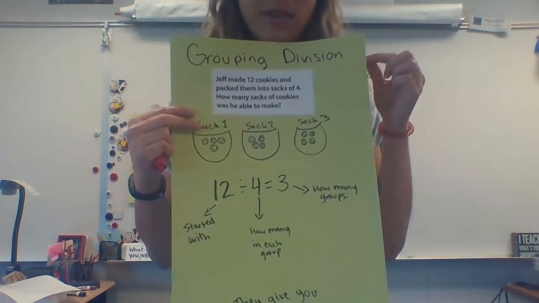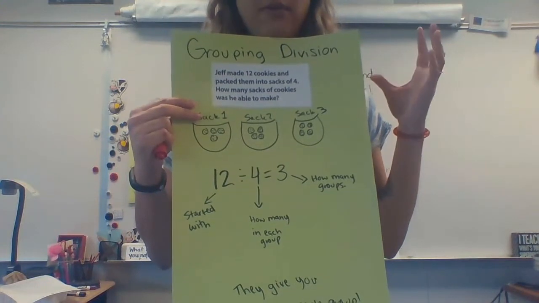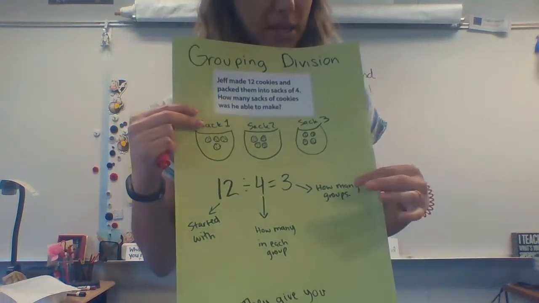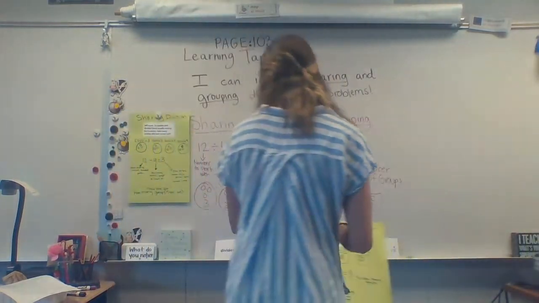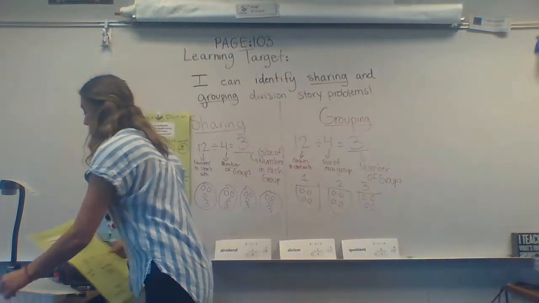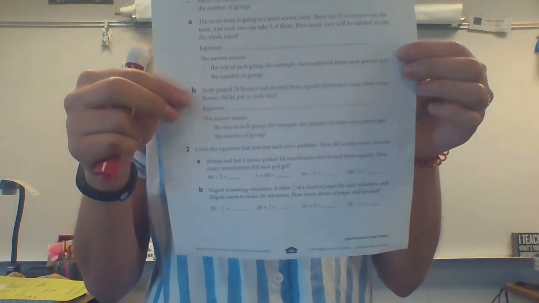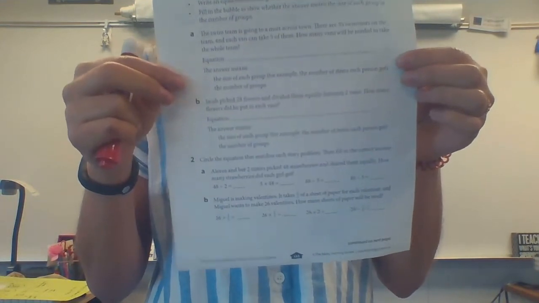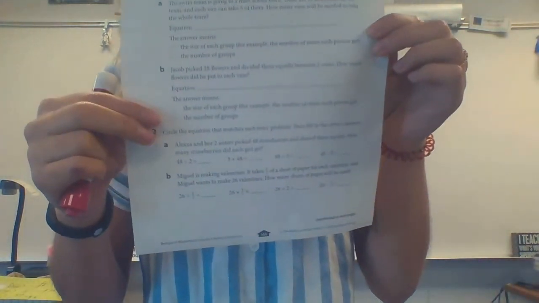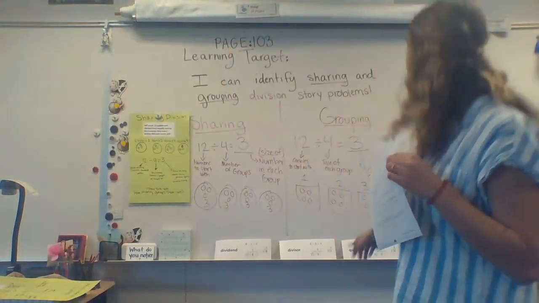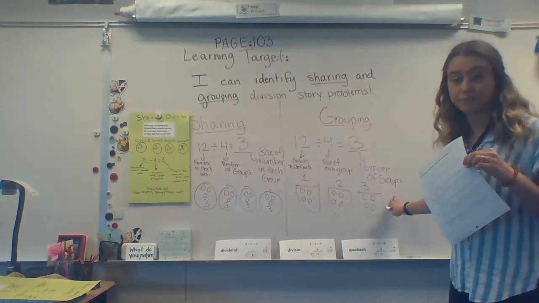So a grouping division problem will have how many groups as its answer. So when you are looking at your problems, the 2 little bubbles you can fill are either the size of each group, which would be a sharing problem, or the number of groups, which would be a grouping problem.